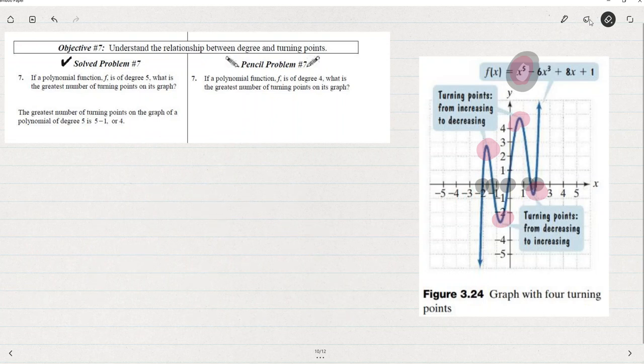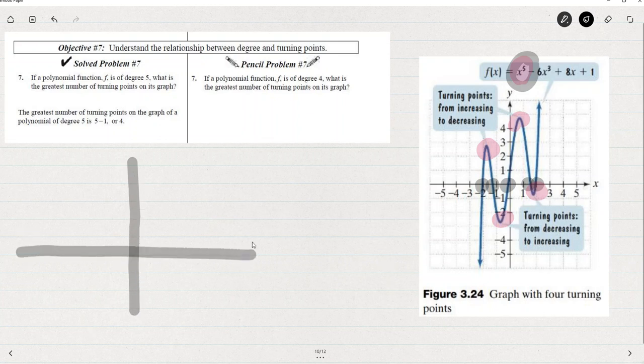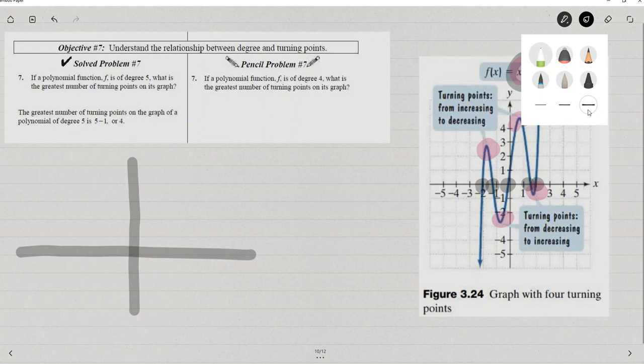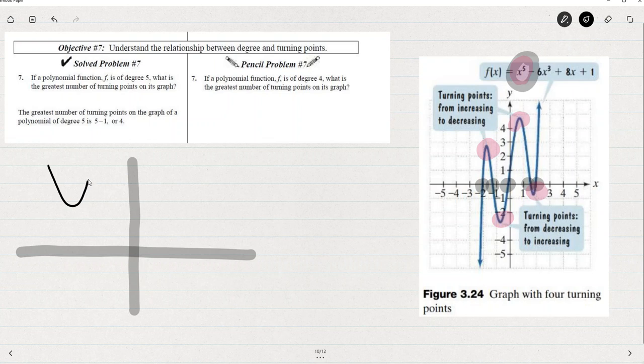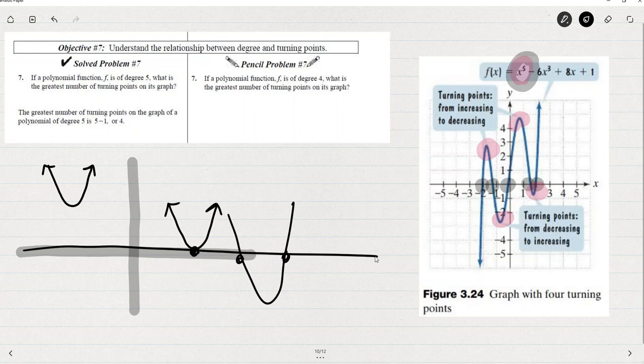For example, when we look at x squared, the parabola, a quadratic, degree 2, I'm going to say there's at most 2 zeros. But do you see that this parabola has no zeros? This parabola has 1 zero. This parabola has 2 zeros. Zeros means when does it cross the x-axis?